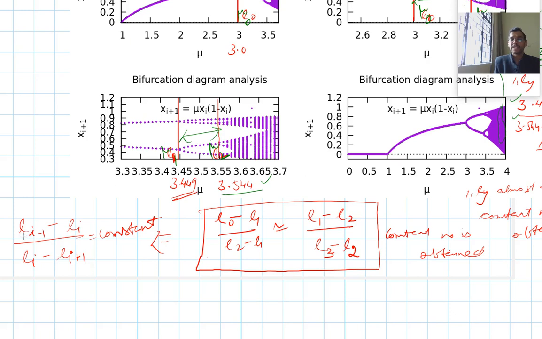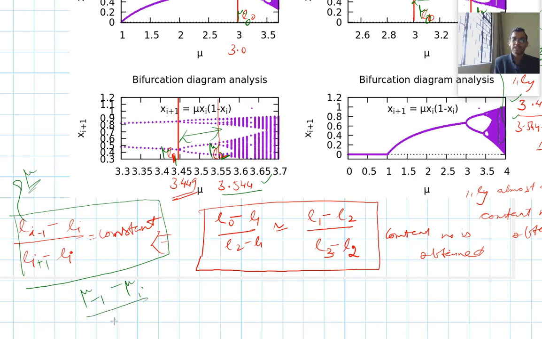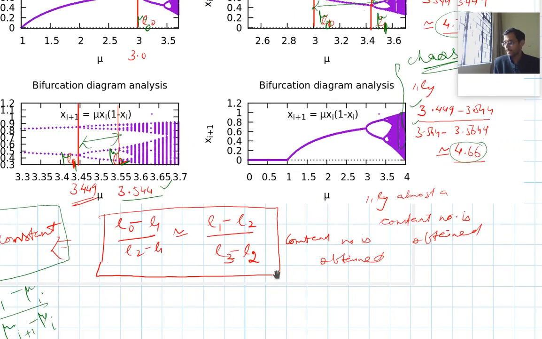Here I call it mu i minus 1 minus mu i, over mu i plus 1 minus mu i, and this comes out to be constant. In some books this is written with L instead of mu. Here I am using a mu axis, so it is mu i minus 1 minus mu i over mu i plus 1 minus mu i. Keeping all this in mind, a constant number is emerging.